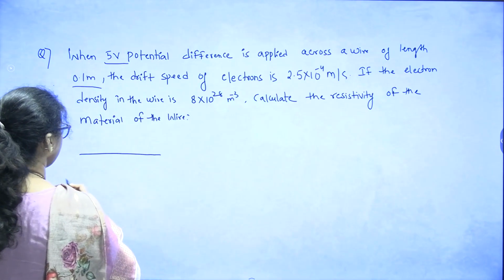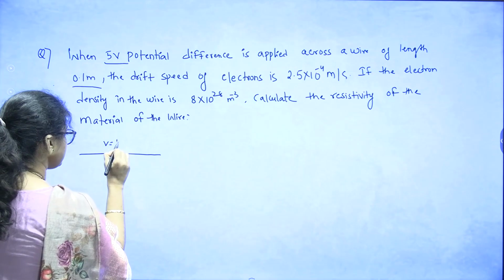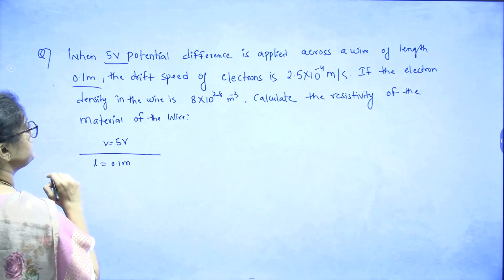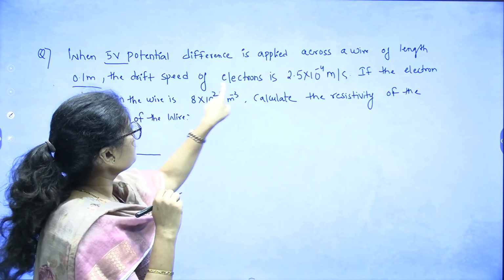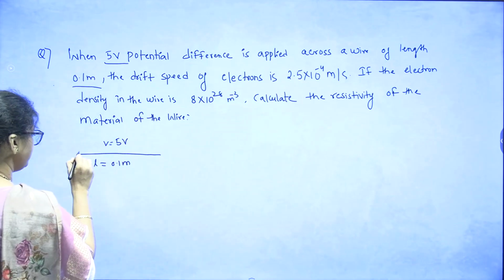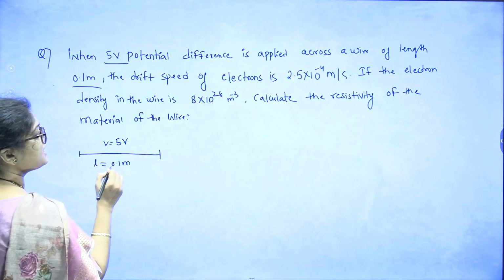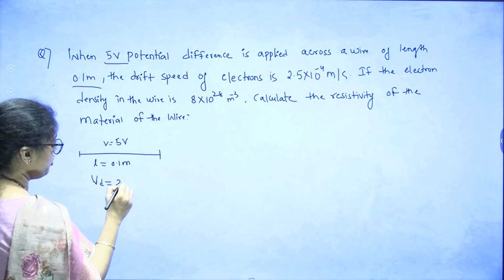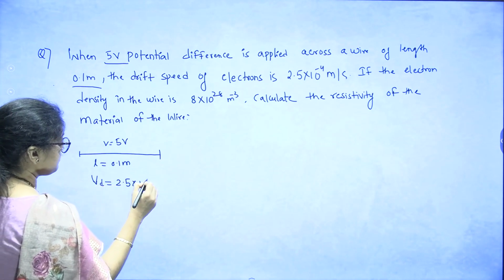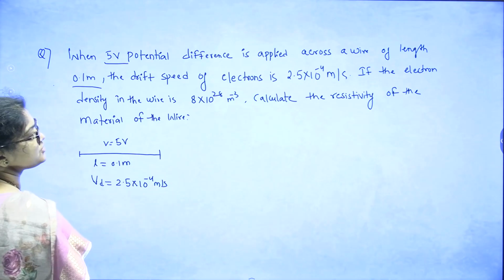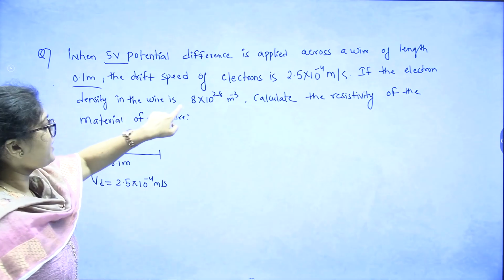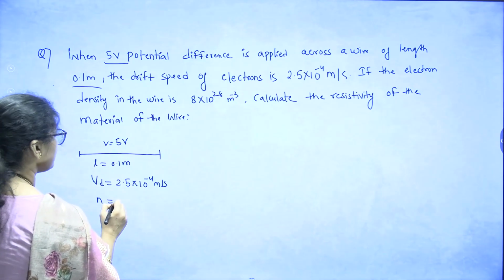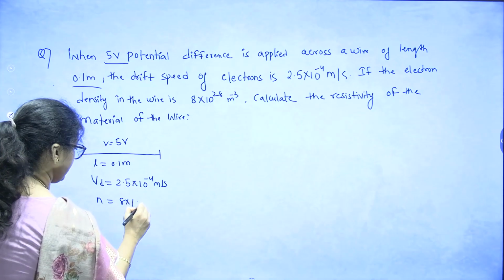The speed of electrons, from this end to this end, is the drift velocity, Vd, which is 2.5 into 10 power minus 4 meter per second. Next, the electron density in the wire, N, is 8 into 10 power 28.